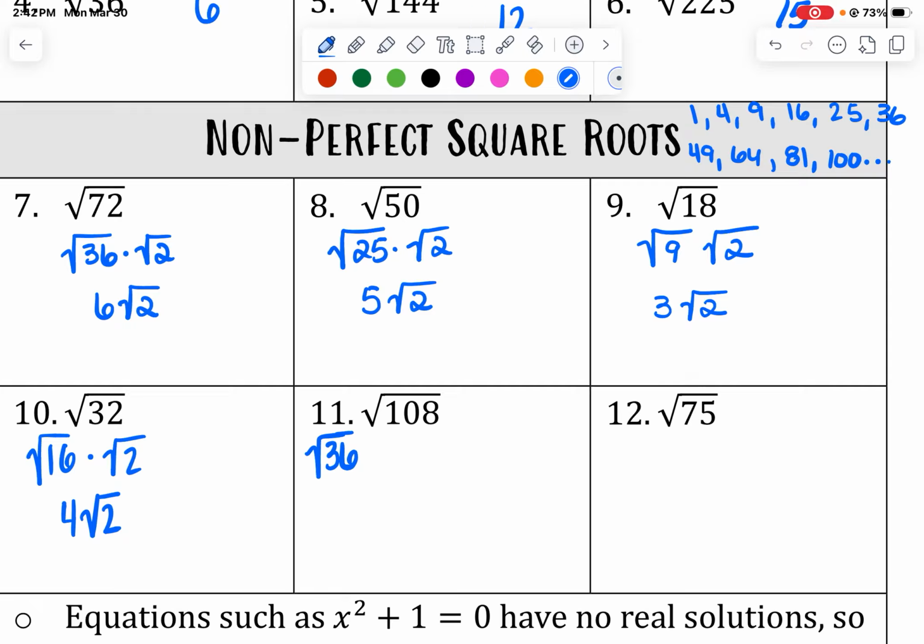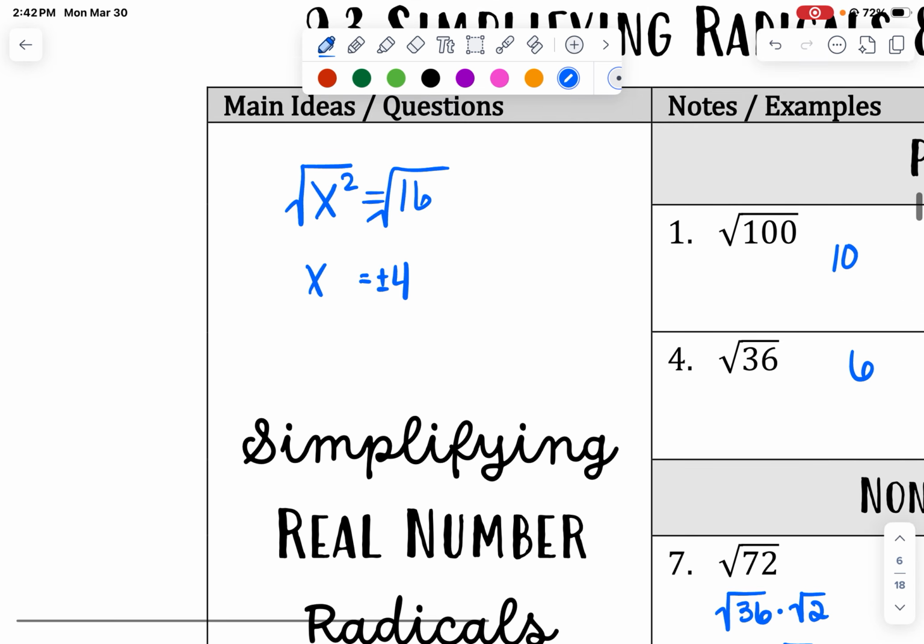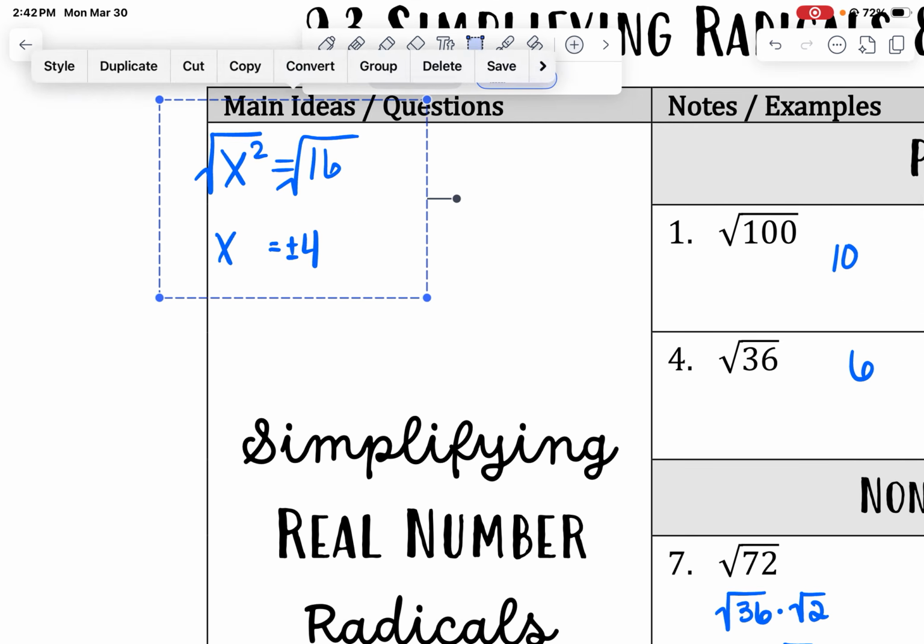As we look at a few more of these, we're going to do the square root of -80. First, split that into the square root of -1 times the square root of 80. Now, we can break up the square root of 80 even further because we can't take the square root of 80. We can do the square root of 16 times the square root of 5. We're still dealing with the square root of -1, which is i. So we're going to have i times 4 times root 5, or 4i root 5.